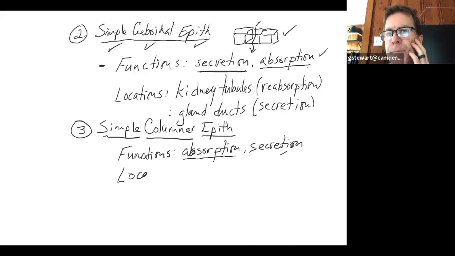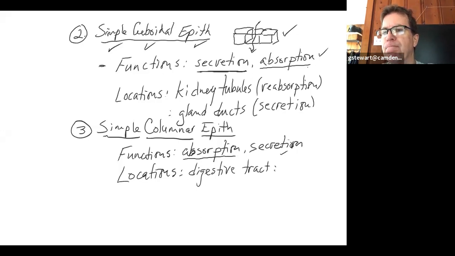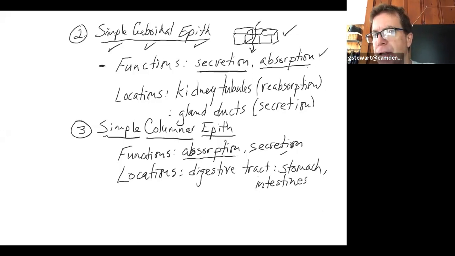Locations, classic locations in the human body of this tissue is pretty much anywhere along the digestive tract. So you could pick, I'm going to write that first. You could pick stomach, any of the intestines, all the way down to the end of the digestive system.